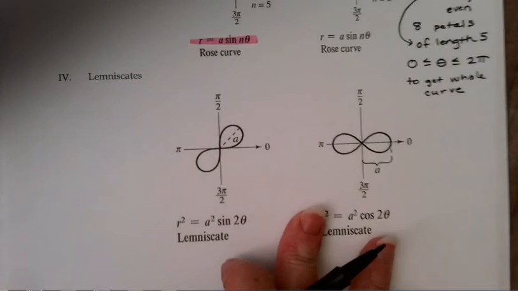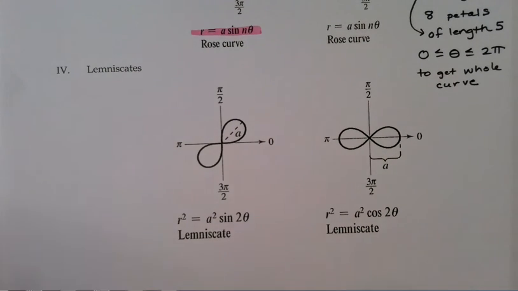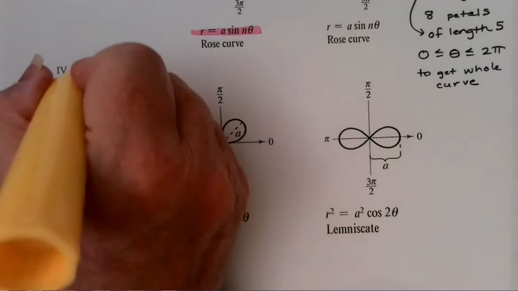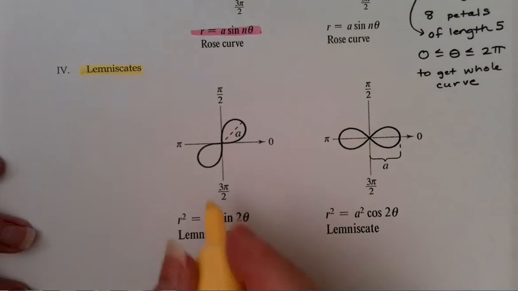Last type or family of curves we're going to look at here today are the lemniscates. Lemniscates are typically solved for r squared rather than r.